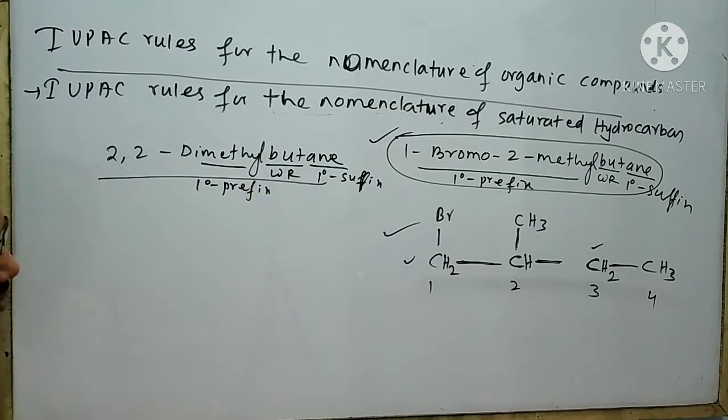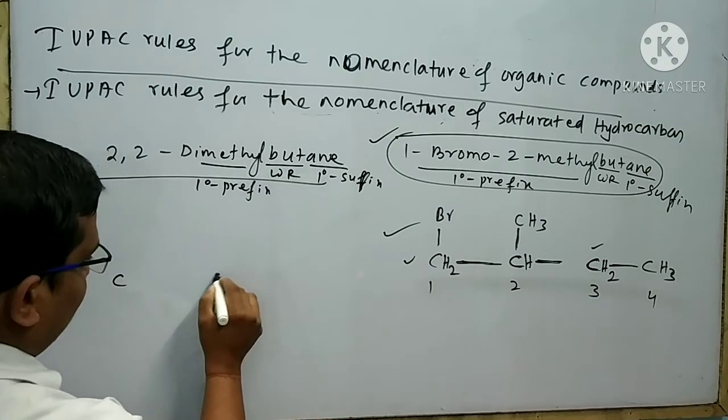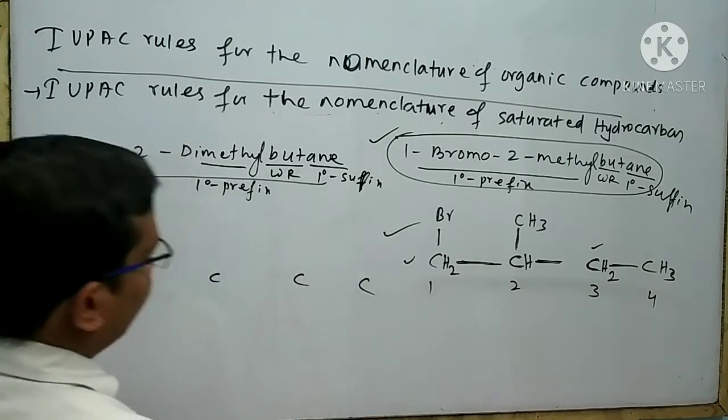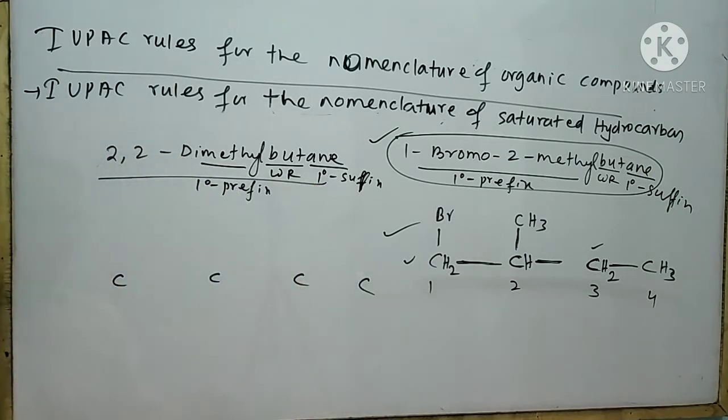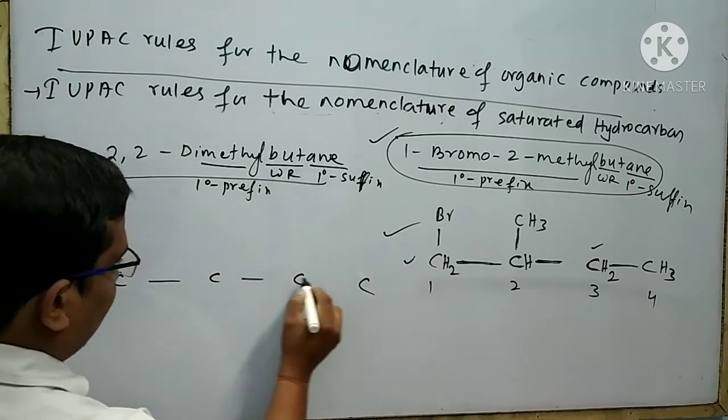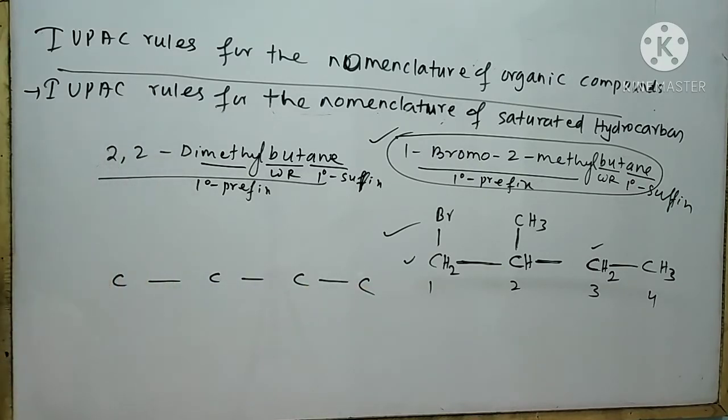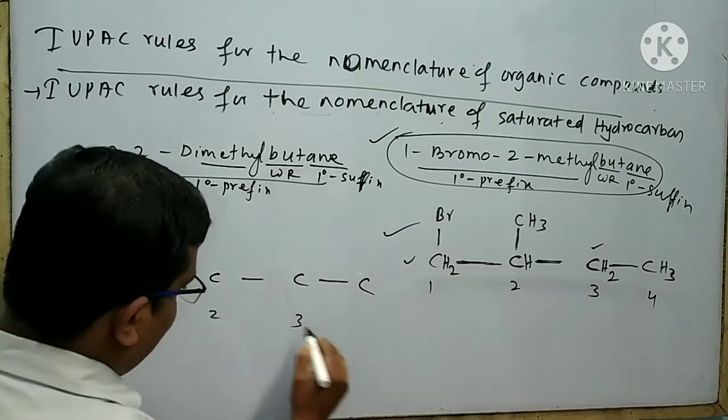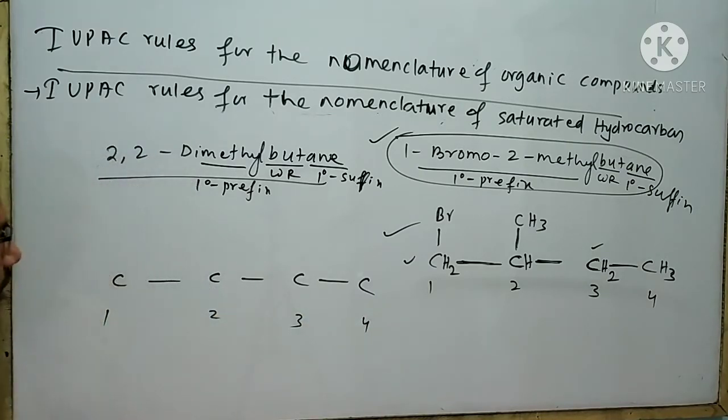From the word root I can write like this: C, C, C, C. Here N is present, so it is bound to give the single bond like this. Suppose this is your 1 number carbon, this is your 2 number carbon, this is your 3 number carbon, this is your 4th number carbon.